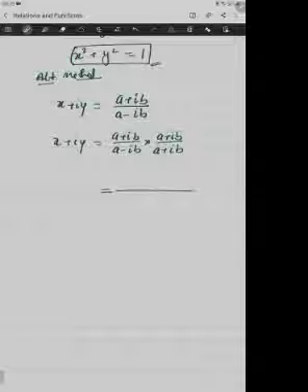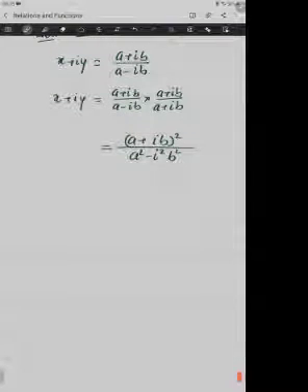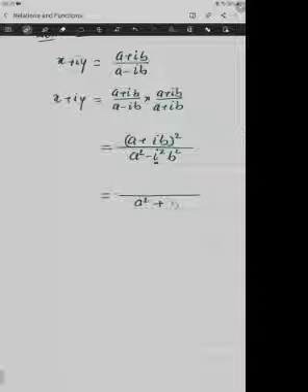Now the denominator will become a square minus i square b square, and the numerator is a plus ib to whole square. a square, i square is minus 1, so it will be b square: a square plus i square b square plus 2abi.